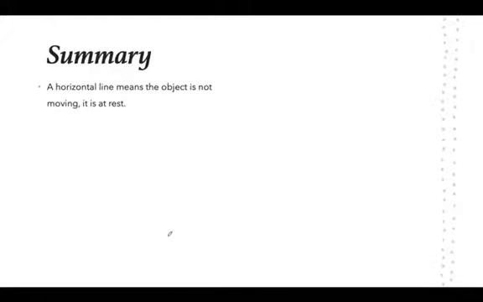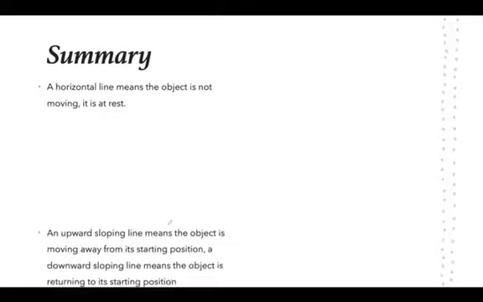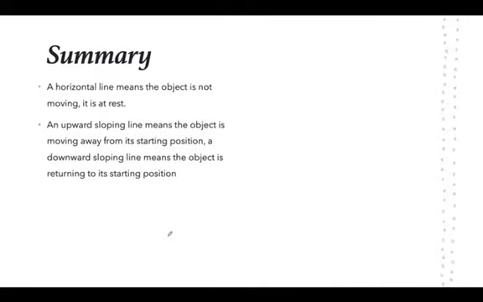We've learned that a horizontal line on a displacement versus time graph means that the object is not moving, it is at rest. We've learned that an upward sloping line means that the object is moving away from its original position at constant velocity, okay? While a downward sloping line means that the object is returning to its starting position at constant velocity.